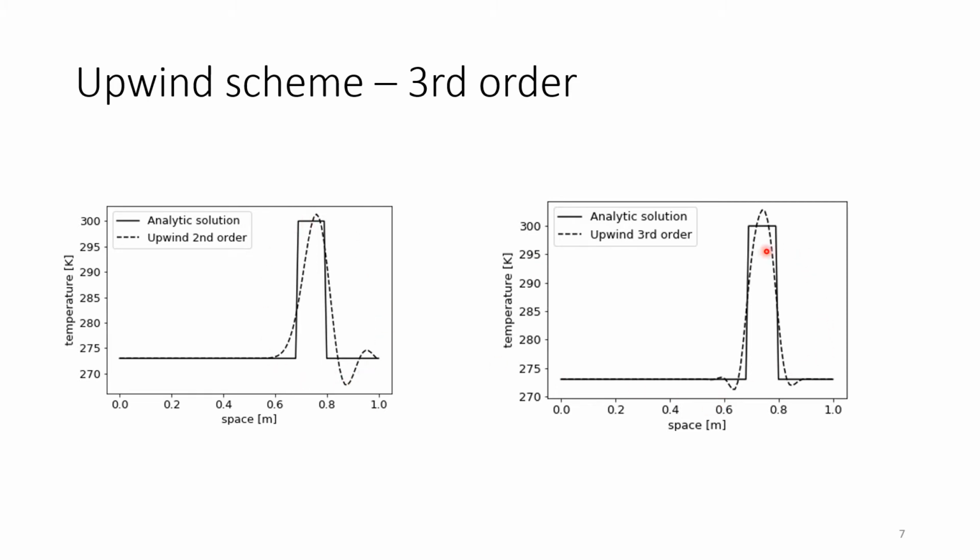Well, that looks quite okay. We're still violating boundedness. We have this overshooting, but we're more centered now, right? We're getting pretty much peak and position correctly. The width of the peak is quite well approximated. And of course, this is still upwind.